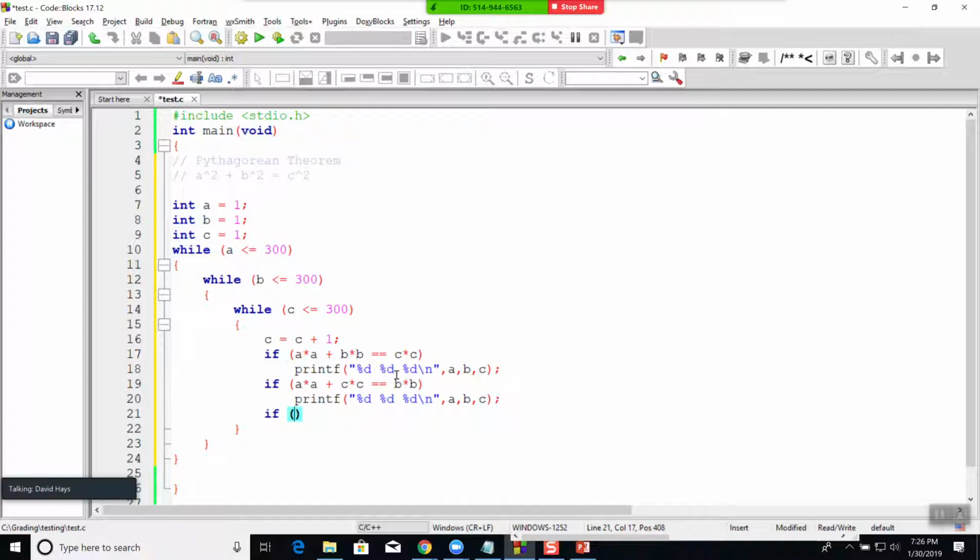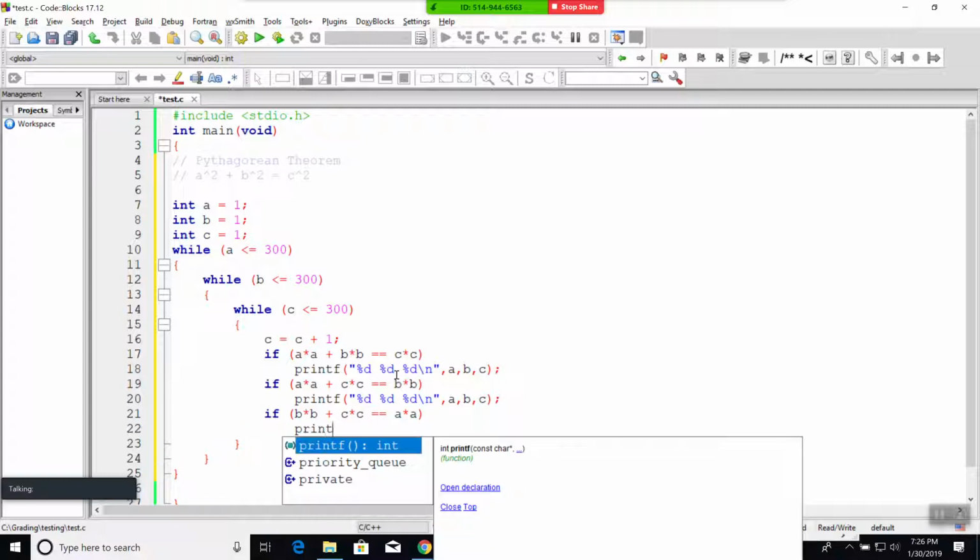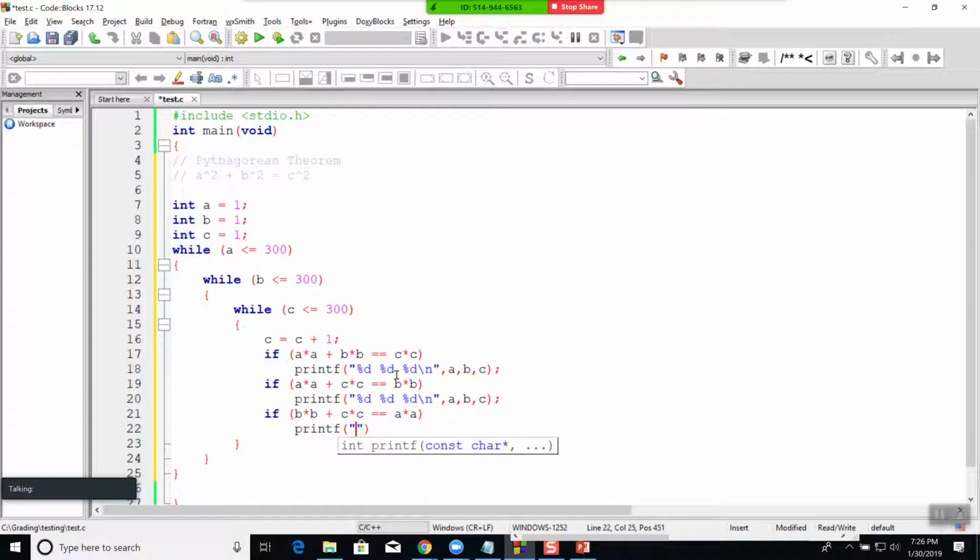And if b times b plus c times c equals a times a, I'll print out the numbers. A, B, C.